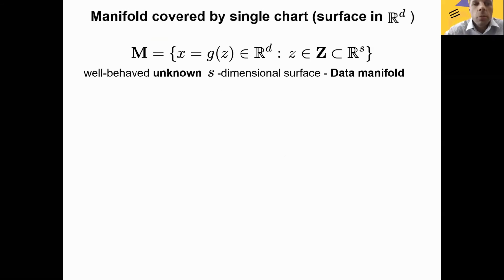In general, we will be dealing with a manifold covered by a single chart. You can think about a manifold as a nonlinear surface in the initial d-dimensional space, such that coordinates of points on the surface are given by some nonlinear function g of a latent vector z.